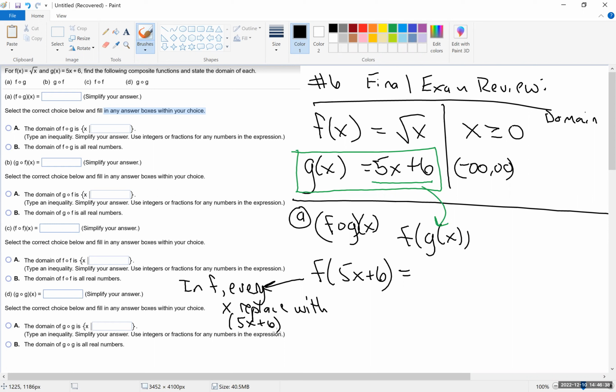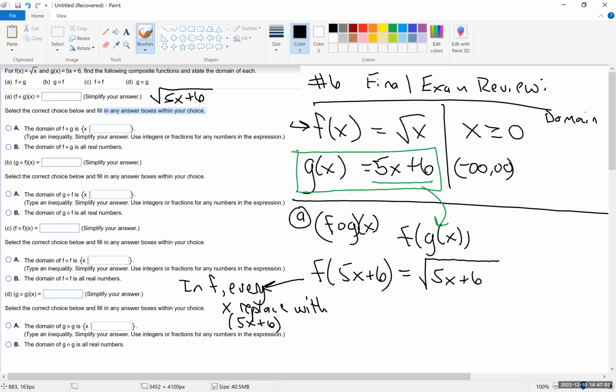So we go up to f. We're looking at f. We see a square root sign, so we put a square root sign. We see an x, so we're going to write 5x plus 6. So this is your answer for what is f of g of x? It's the square root of 5x plus 6.